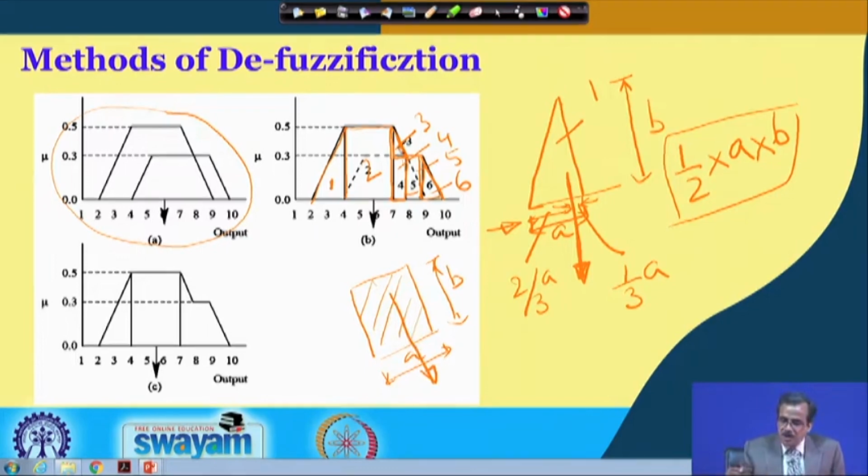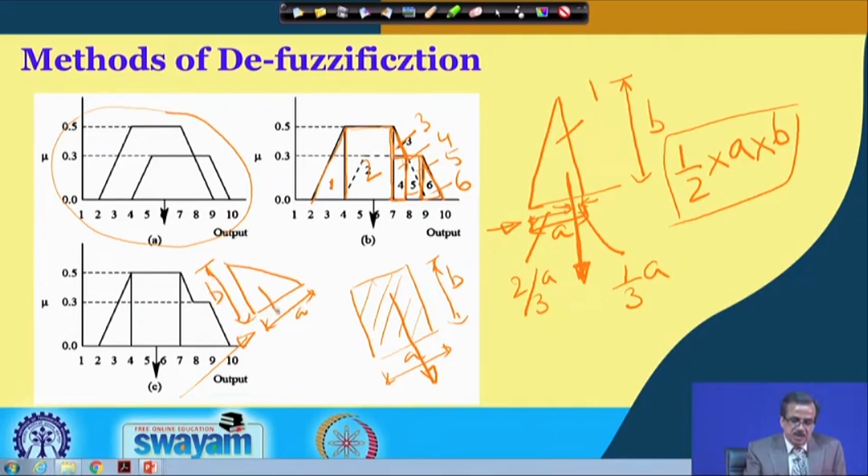Now, if I have this type of triangle, for example, this type of right angle triangle, and I am measuring from this particular side. So, if this is A and this is B, very easily I can find out the center of area could be here, and this is nothing but 1/3 A, and this is nothing but 2/3 A. So, 1/3, 2/3 A you can find out.